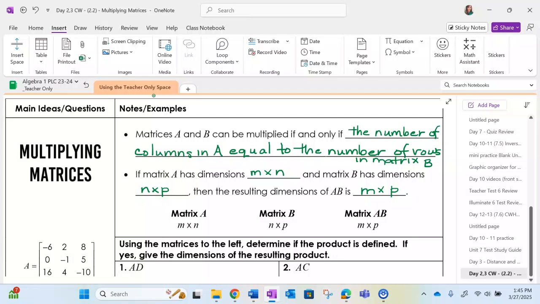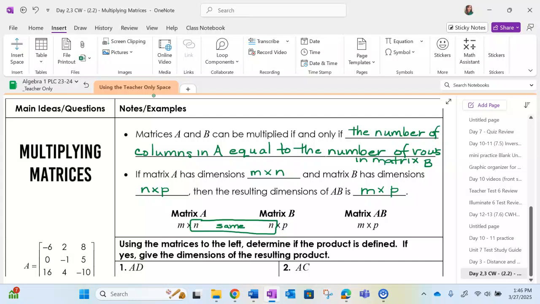So we have m by n and n by p. You need to make sure that this number and this number are the same, or you can't multiply. Then the result is going to be m by p.